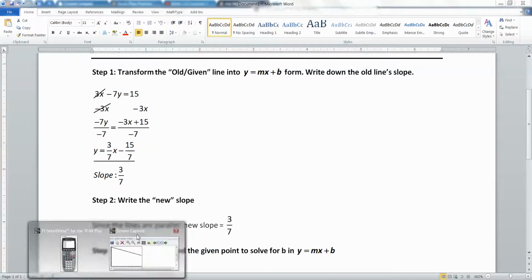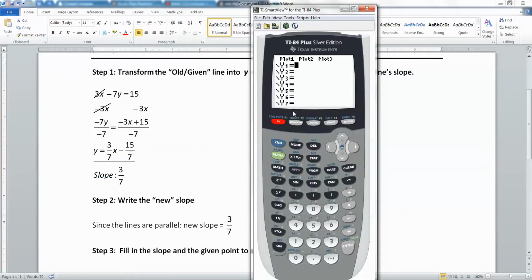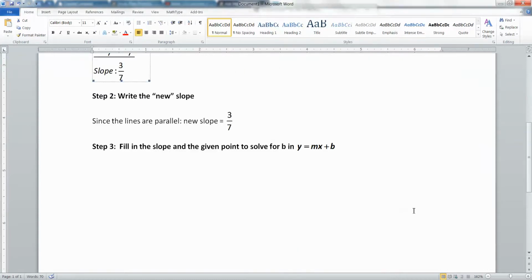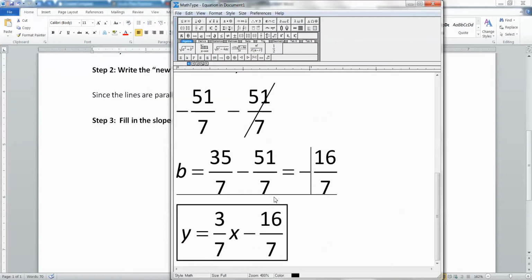I can go to y equals, clear out any old stuff and type 3 divided by 7x minus 15 divided by 7, enter. And then I could do my new one, 3 divided by 7x, minus 16 over 7.